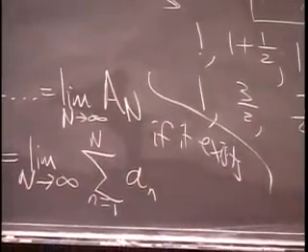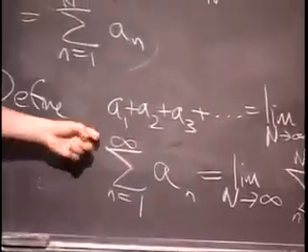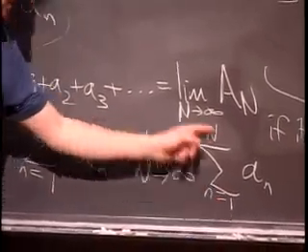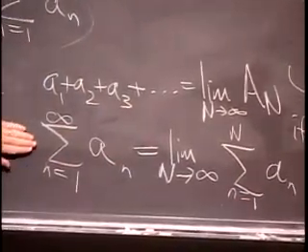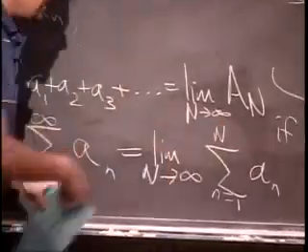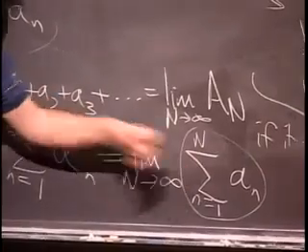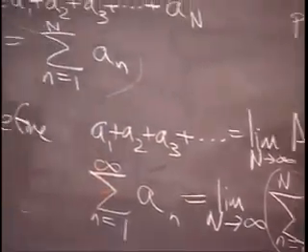So this is almost a no-brainer here. The sum from n equals 1 to infinity, of course, is the limit as capital N goes to infinity of the sum from 1 to N. The important thing to understand, and the reason that I don't just write this down and say it's obvious, is that these objects here constitute a sequence. So here we are dealing with a limit of a sequence, and that is why we spent 25 minutes on sequences earlier.